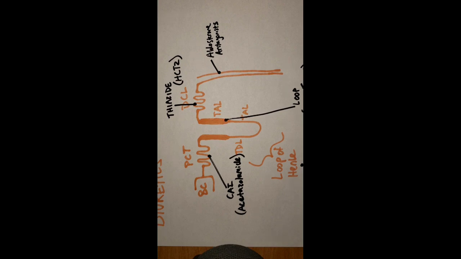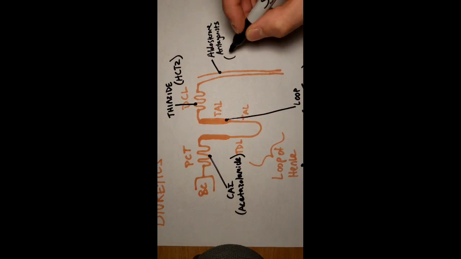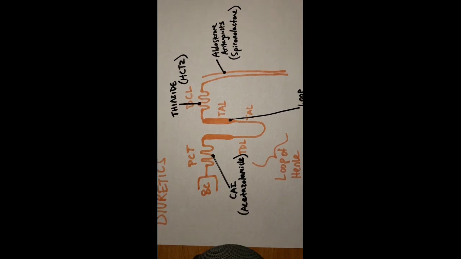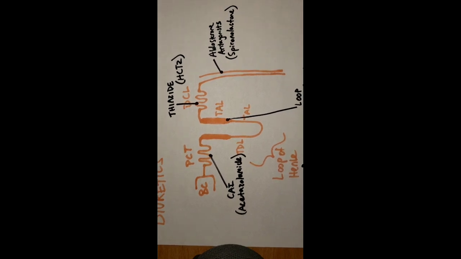Because sodium is not being resorbed back into the blood, instead hanging out in the collecting tubule, this causes water again to diffuse over from the blood into the nephron, into the forming urine. One common type of aldosterone antagonist is called spironolactone. And this is known as a potassium-sparing diuretic.